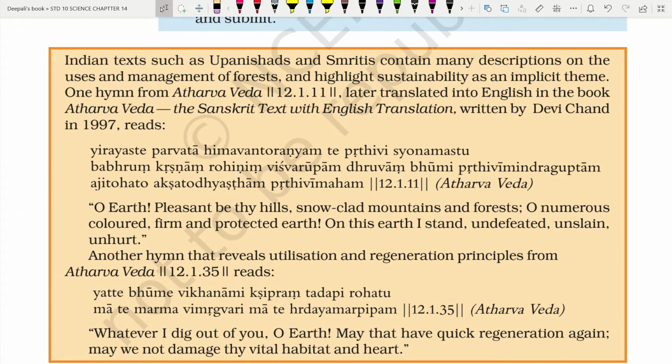So it is telling us how the earth has pleasant nature and pleasant surroundings, and to protect them we need to be very sensible. Instead of damaging it, we need to protect it by various ways and various methods.